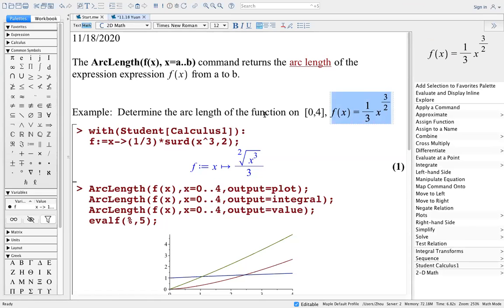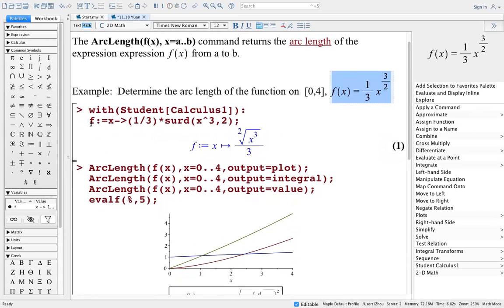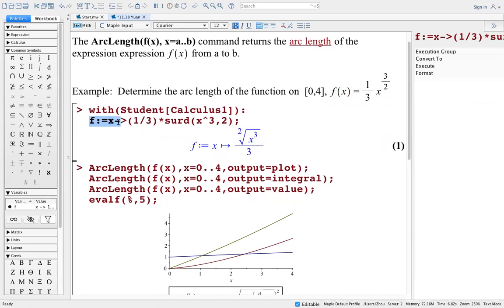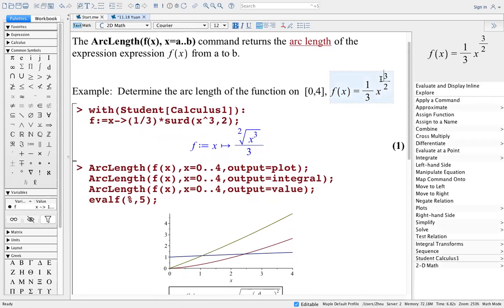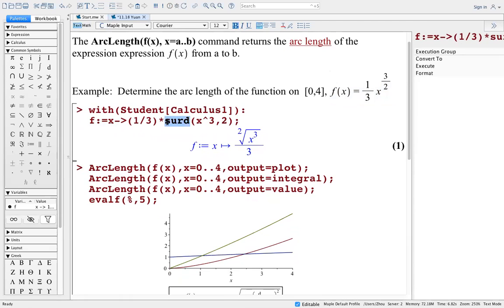We wanted to do it from 0 to 4. This is the interval. In Maple, the first thing you want to do is again define the function. This particular function has a fraction power, sometimes called a rational power, so make sure you use the surd command.